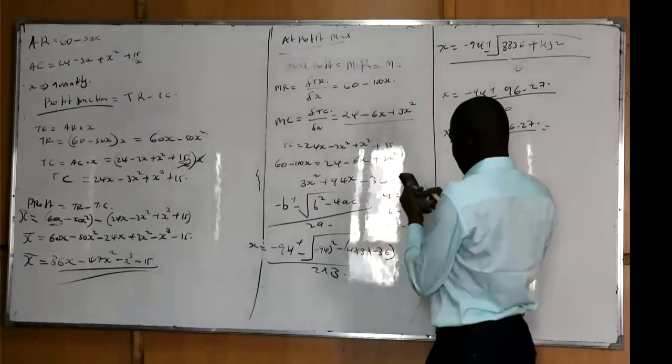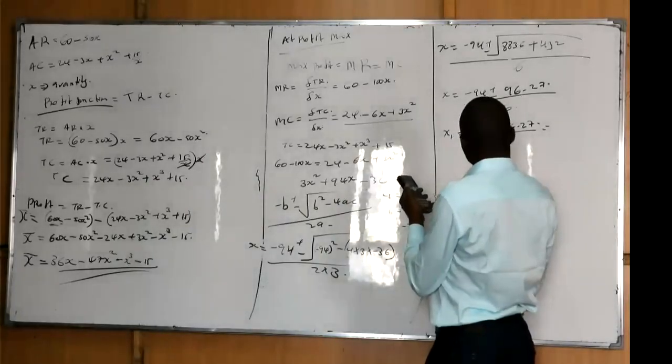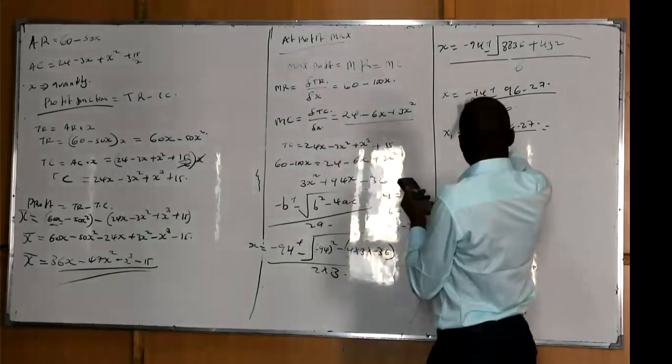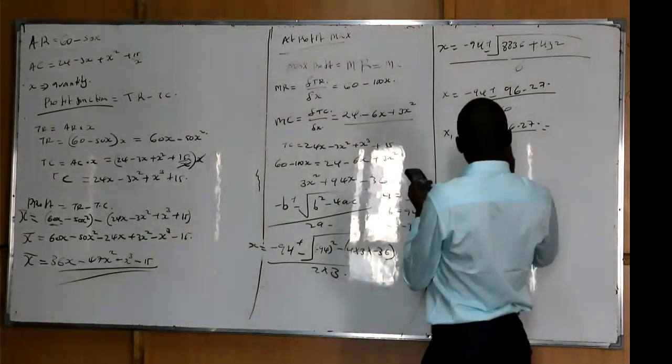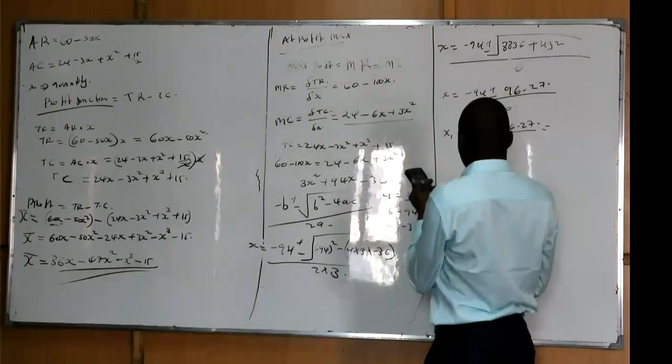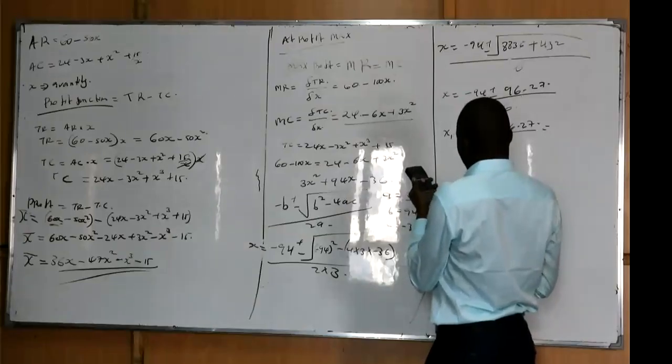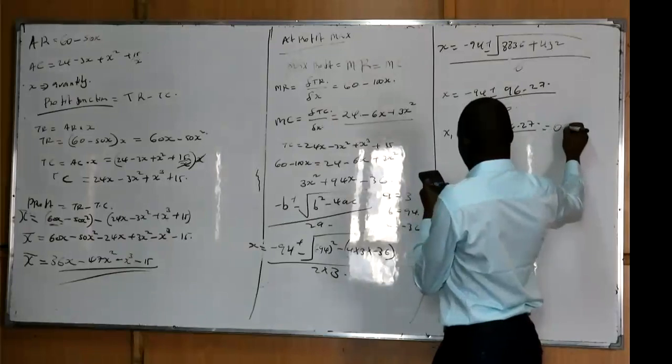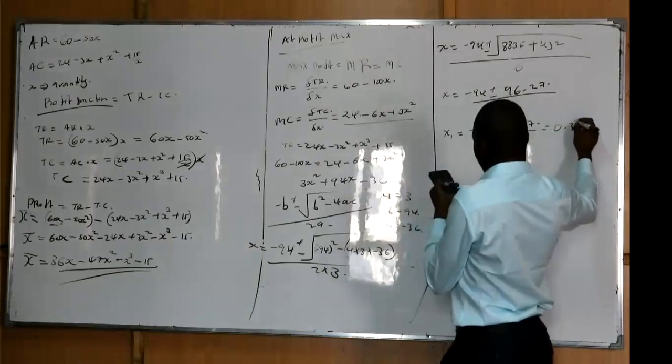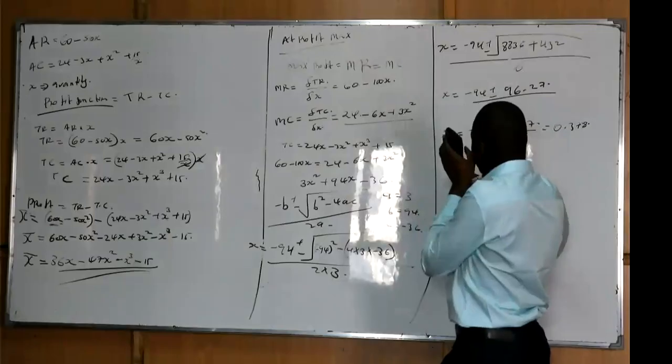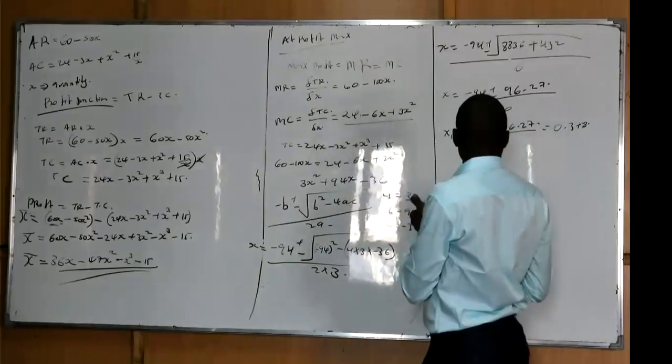So this is negative. Negative 94, you add 96.27, you divide it by 6. You get x is equal to 0.378. Right?